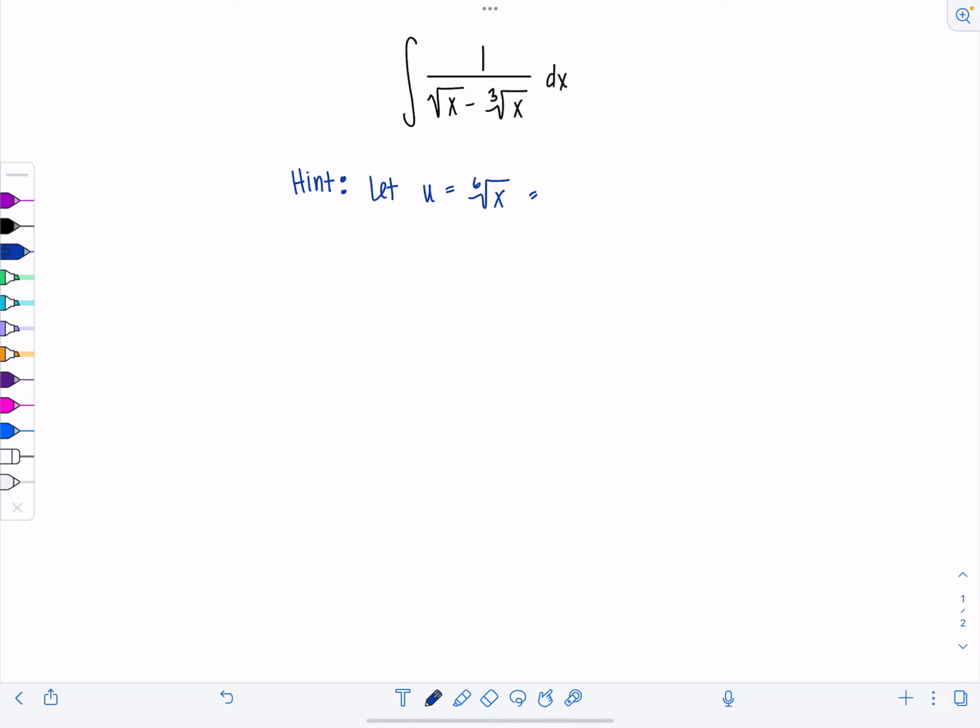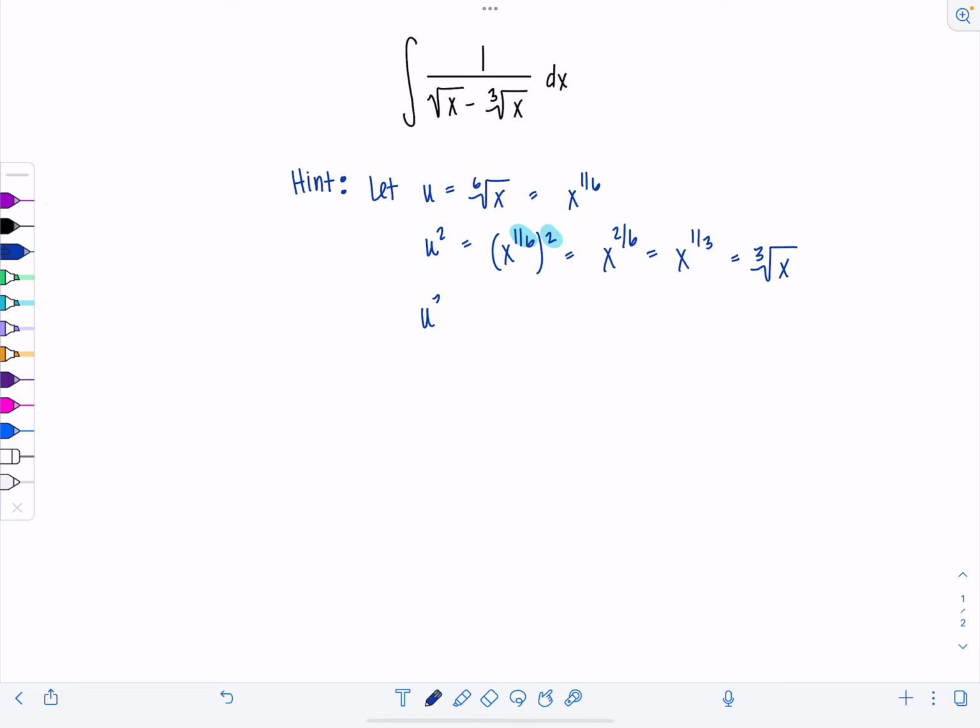I'm going to rewrite sixth root of x as x to the 1/6. And then I'm looking here in my integral, I have square root of x and cube root of x. So how can I rewrite those in terms of u? Well, u squared would be x to the 1/6 squared, which remember, when you raise a power to another power, you multiply your exponents. So that's x to the 2/6, which is x to the 1/3. That's cube root of x, guys.